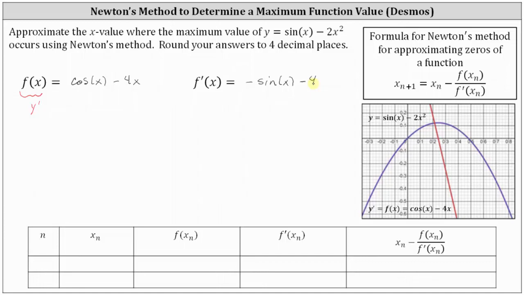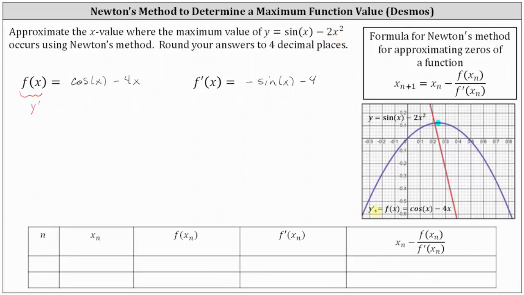To get a better understanding of our approach here, let's look at the graph below. In purple, we have the graph of the original function, y equals sine x minus 2x squared, and we're looking for the location of the maximum of y, which occurs at this high point here. The location must occur where y has a critical number, which again is where the derivative function is equal to 0.